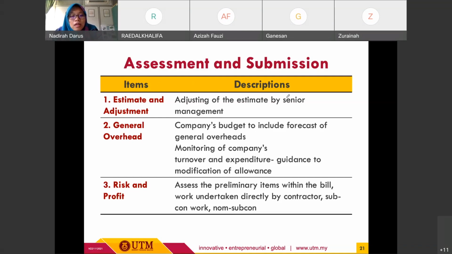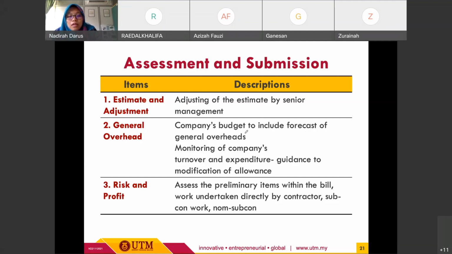Okay. And then for the general overhead, for the cost estimation, the company's budget includes a forecast of general overhead. So mostly the company's budget tries to provide the allocation for these general overheads. They check whether the allocation is suitable and sufficient in terms of the costing.